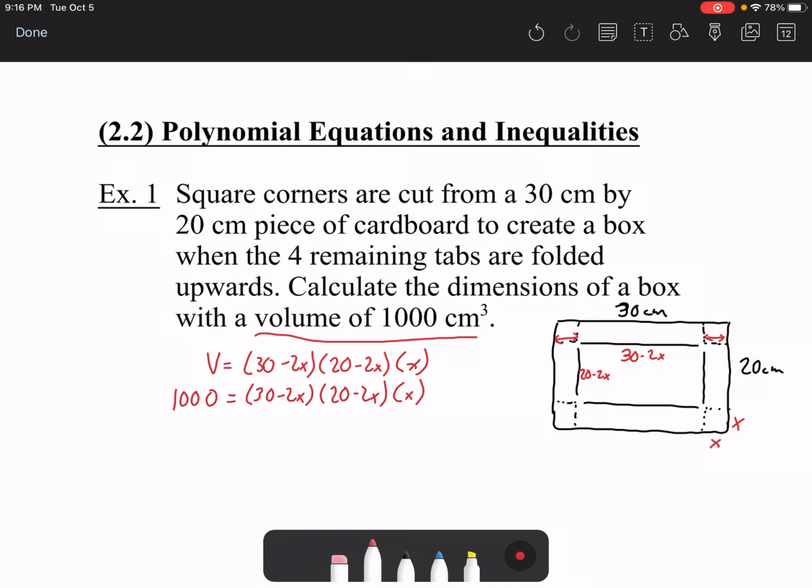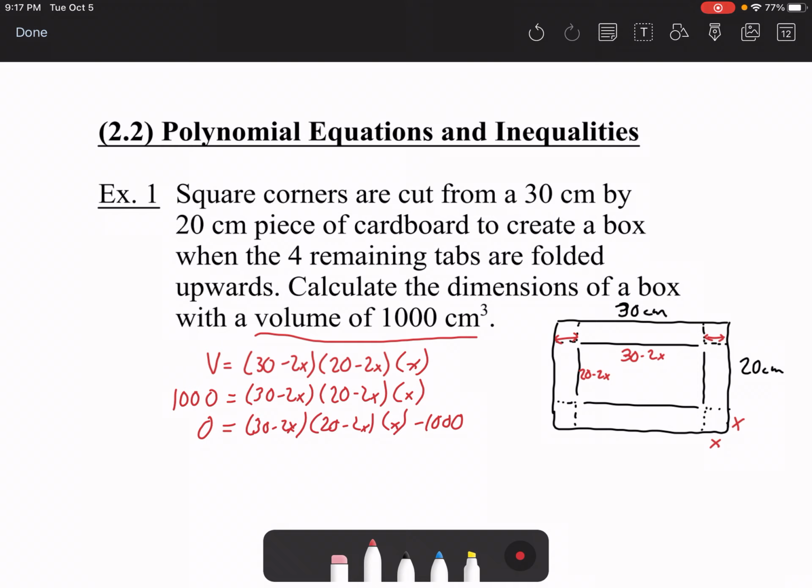And now we get a polynomial equation. Again, it's much easier to solve polynomial equations by actually setting them equal to 0. So that's what we're going to do, set it equal to 0 by subtracting off 1,000 from both sides.